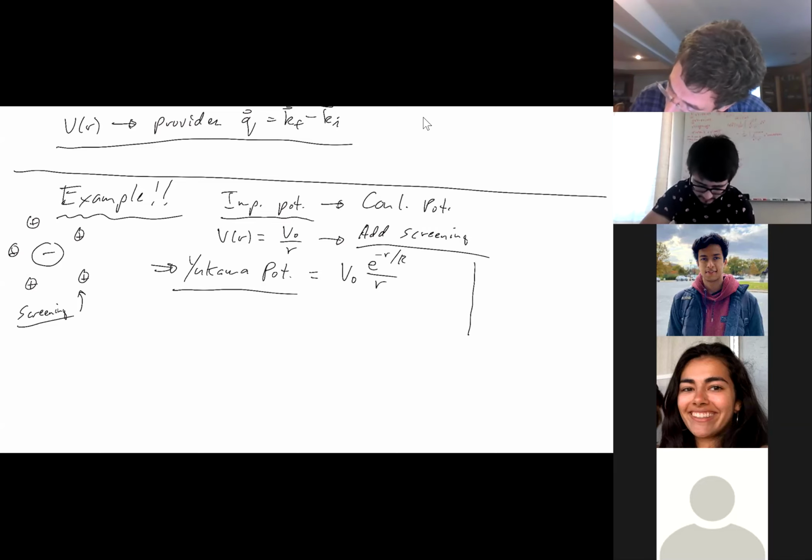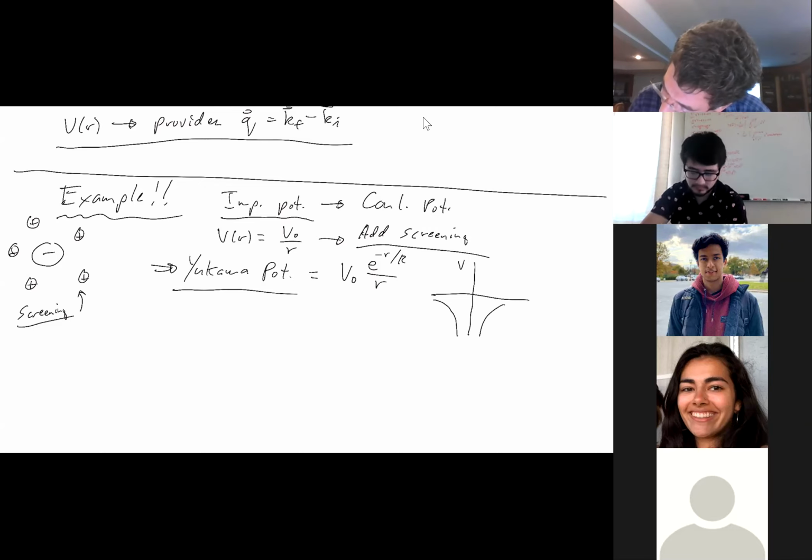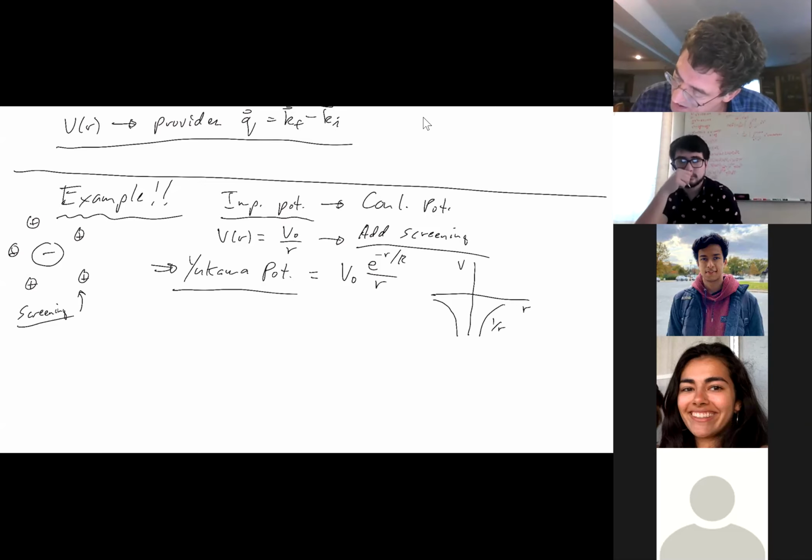It's kind of like I have my Coulomb potential. Let's say I have an attractive Coulomb potential where this is V and this is R. You see, that's a Coulomb potential, 1 over R, right? But then what you do is you multiply it times this exponent, e to the negative R over big R. And so then it has a length scale.